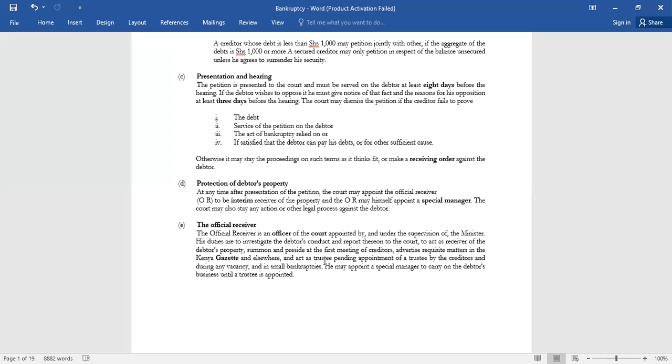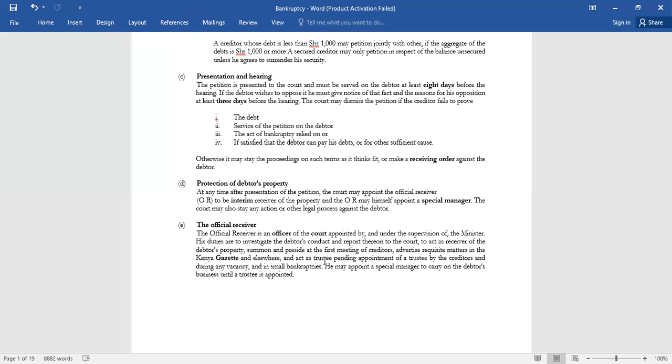And then the official receiver, being the officer of the court, under the supervision of the minister, and we know that our judiciary is an independent institution. So we expect that his duties will be first to investigate the debtor's conduct and report to the court.